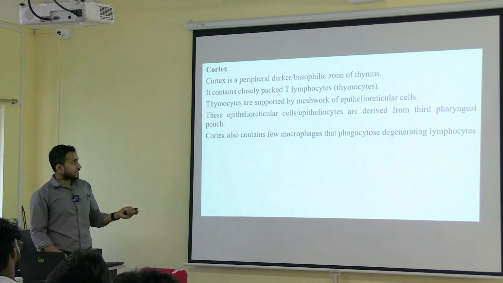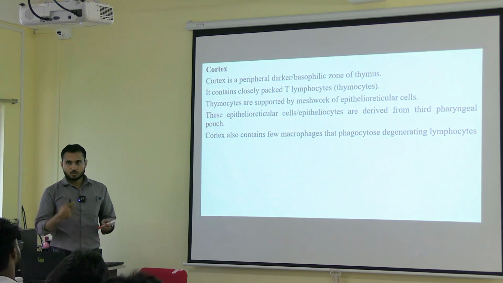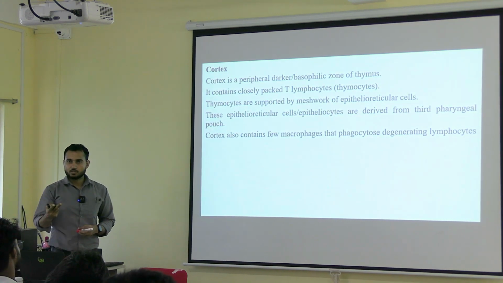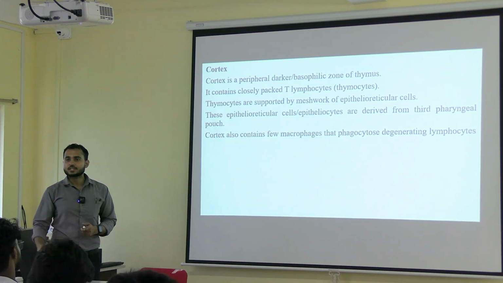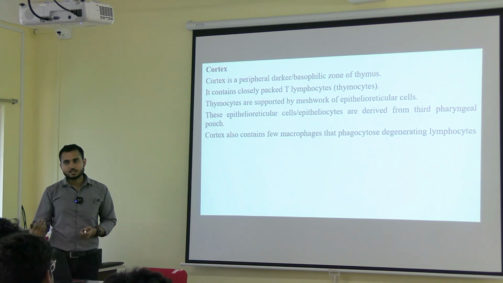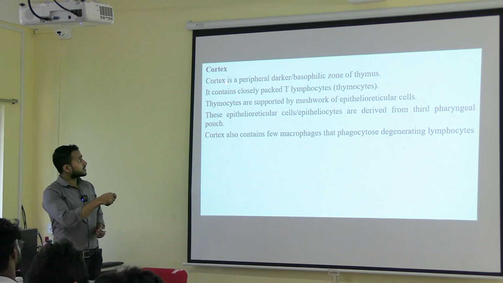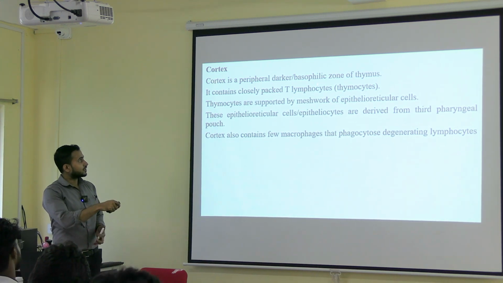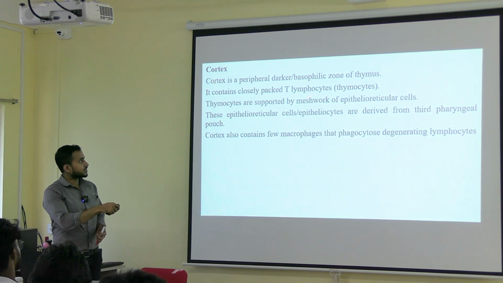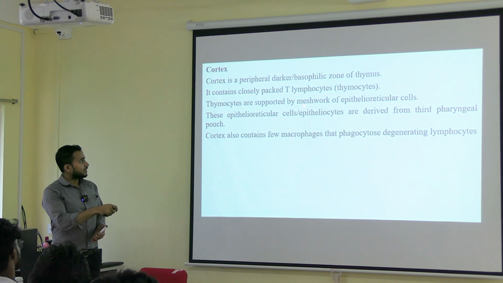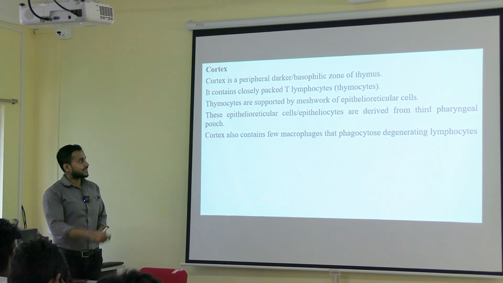Next, each lobule is divided into two parts, cortex and medulla. First of all, cortex is darkly stained. Medulla is lightly stained. So here you can see the cortex is darker. Closely packed T lymphocytes are there, and a meshwork of epithelio-reticular cells is present.